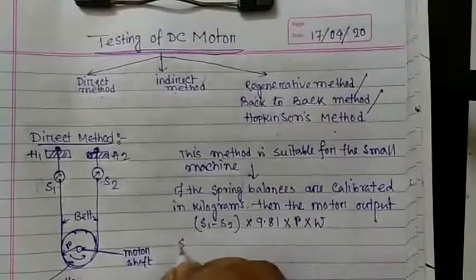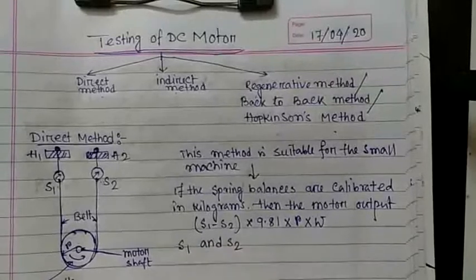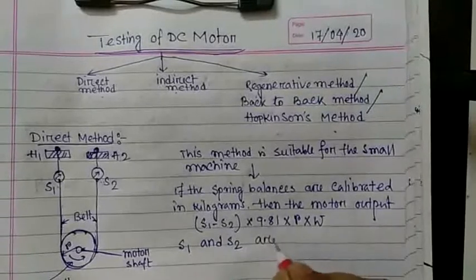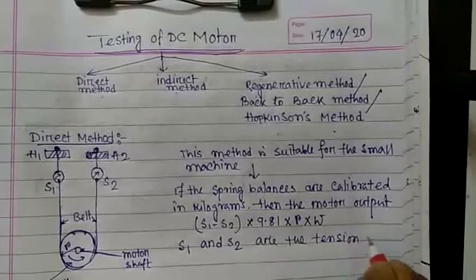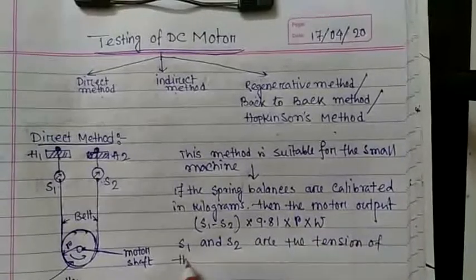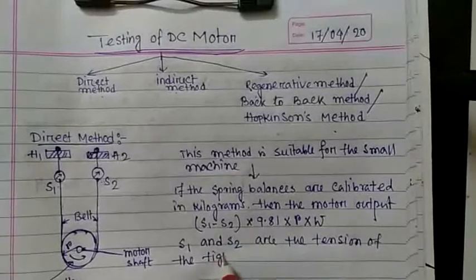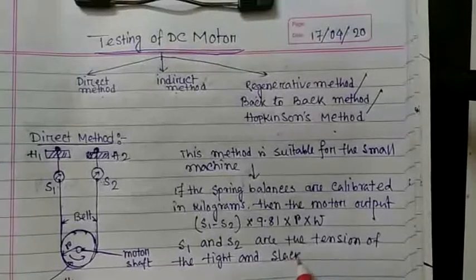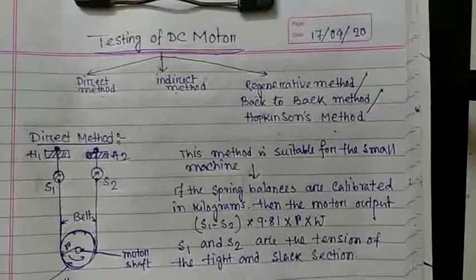Here S1 and S2 are the tensions of the tight and slack sections.